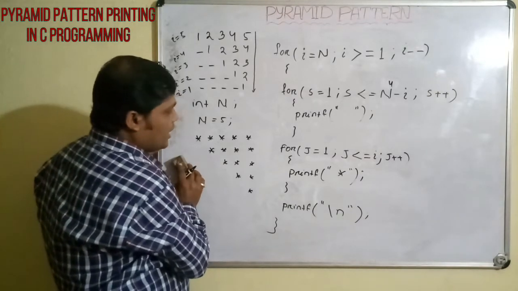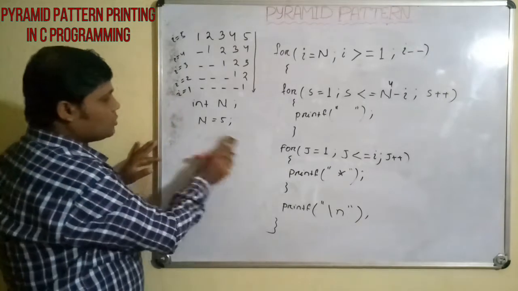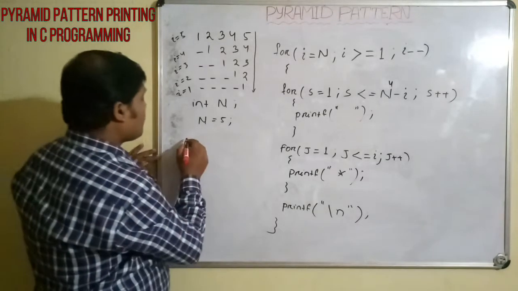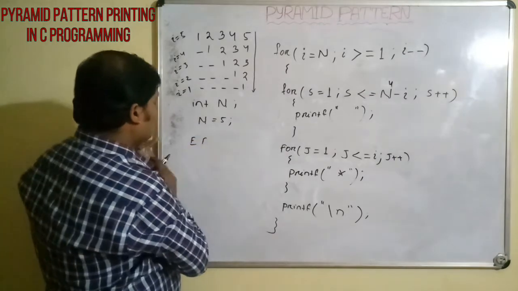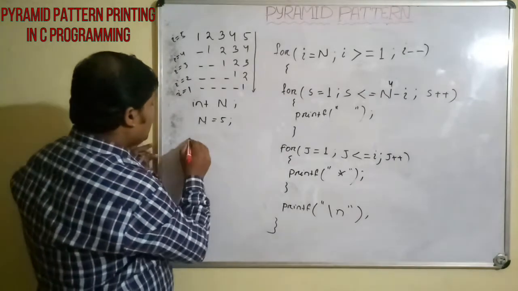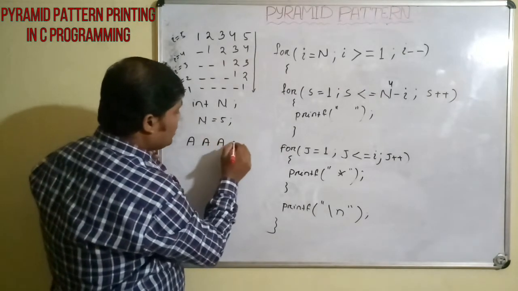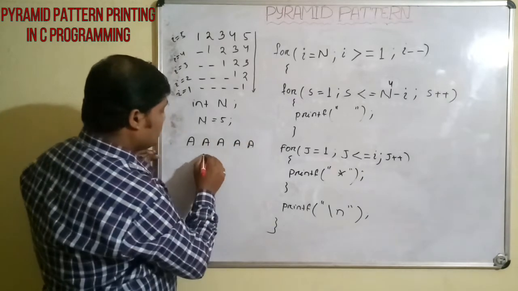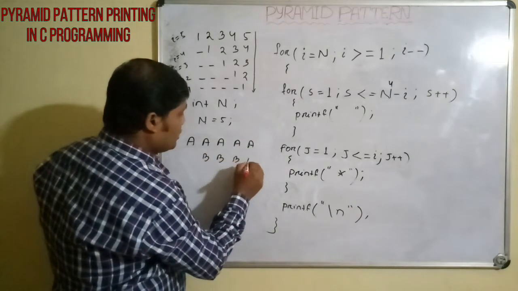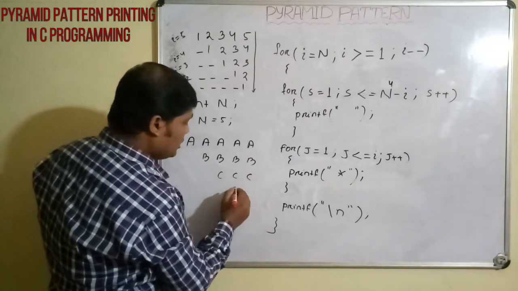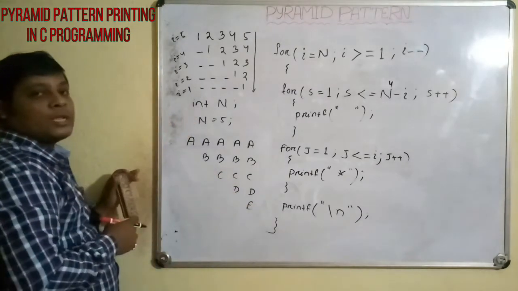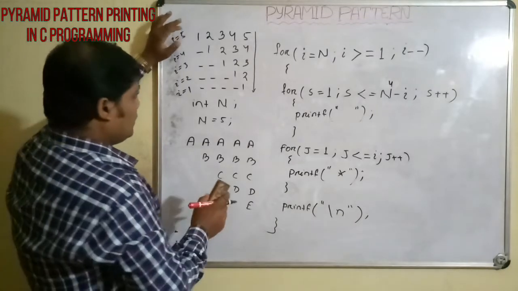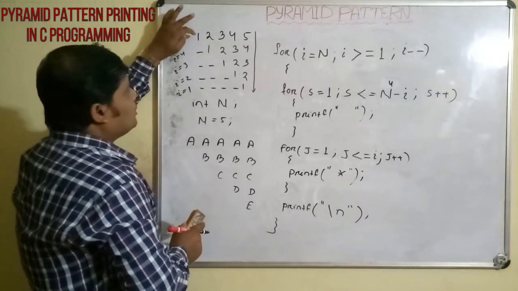Okay. Now suppose another pattern is there. Suppose this is A, then B, then C, then D, then E. Now see, clear?